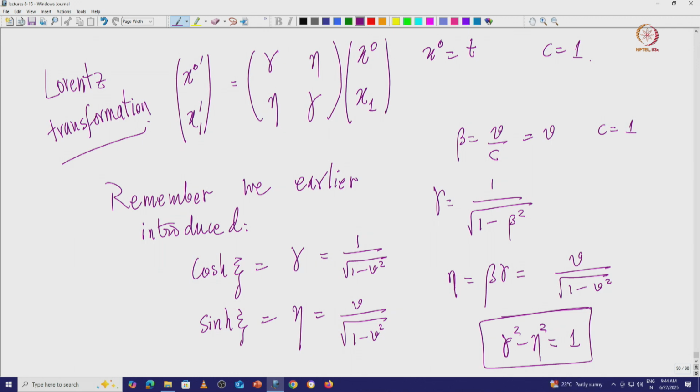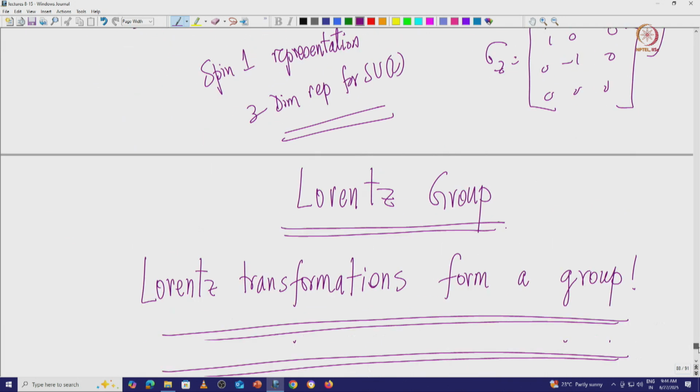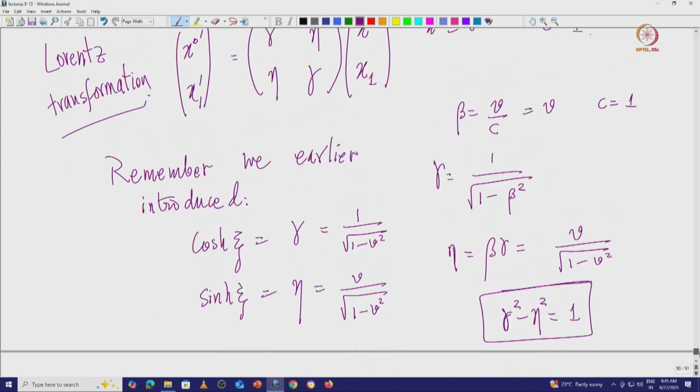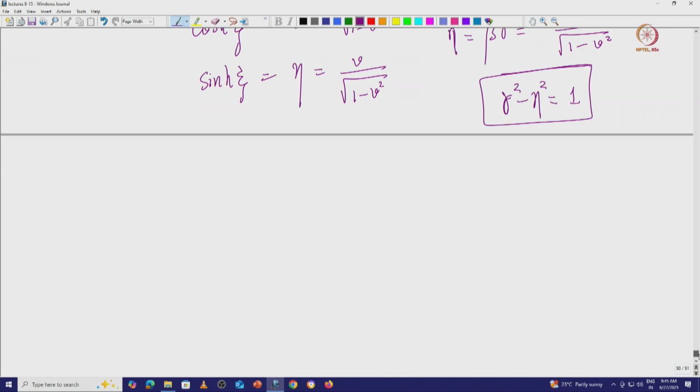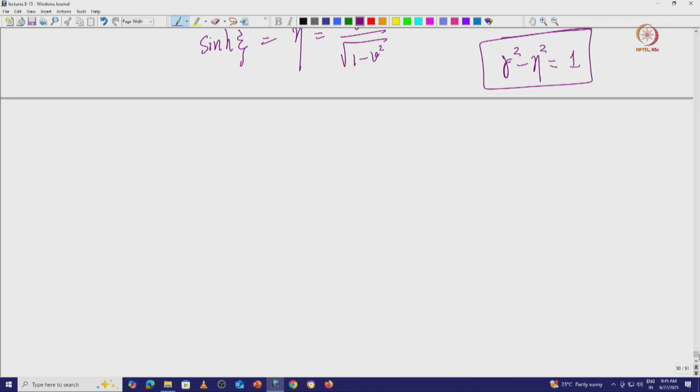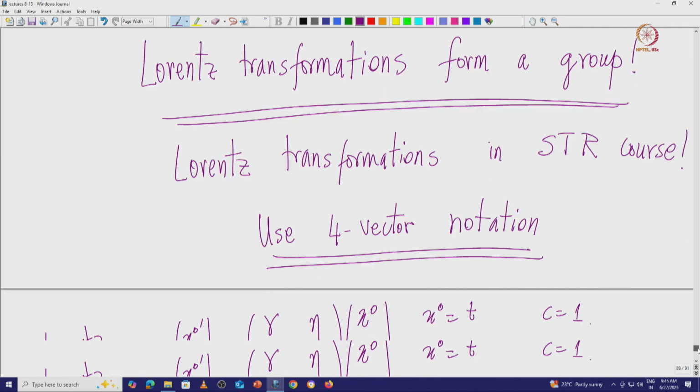To write them in terms of 4 vectors, what we normally do is introduce the metric essentially. But if you write it in terms of 4 components, this entire thing just becomes x0, x1. Are we putting upper indices or lower indices?